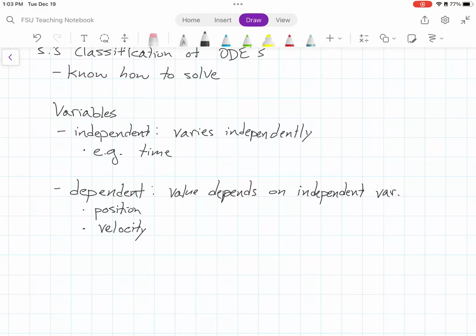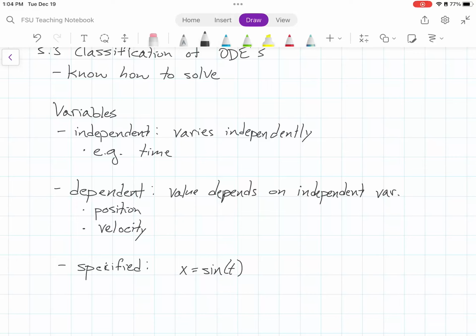The book also mentions a specified variable. A specified variable is a variable that may look like a dependent variable, but it's specified by the parameters of your problem. The example given by the book is something like x equals sine of t.